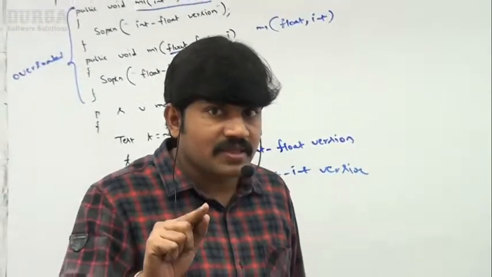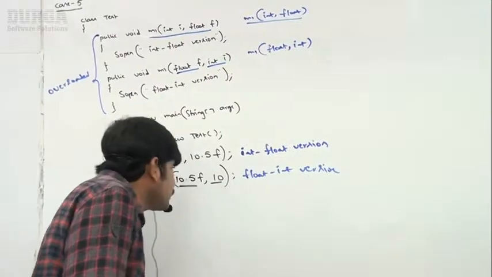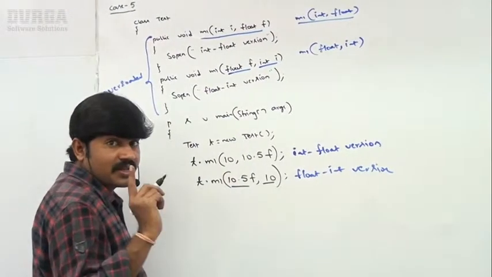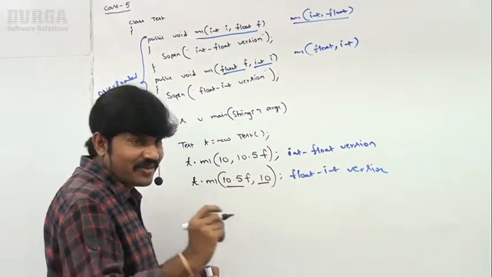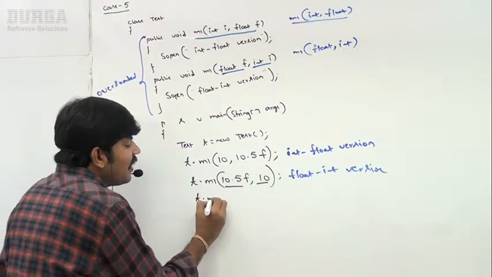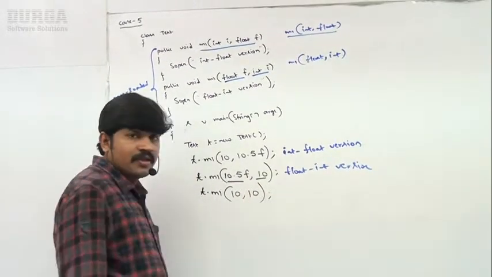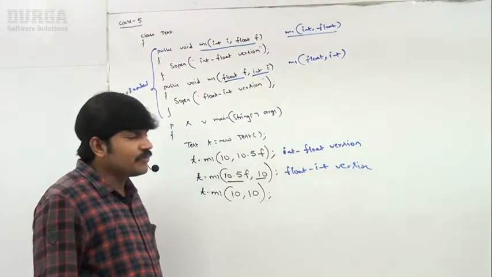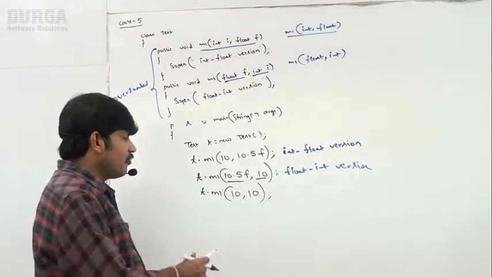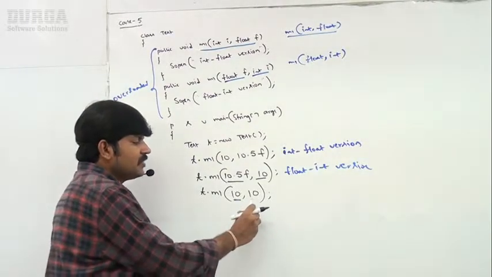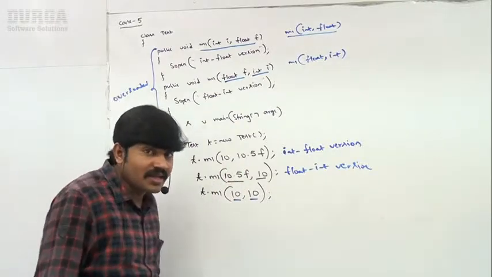But now the next thing I have to discuss needs very special care. Now the cinema is going to start. Observe carefully: t.M1(10, 10). Which one is going to get the chance? The first argument is int, and the second is also int. Both are int.